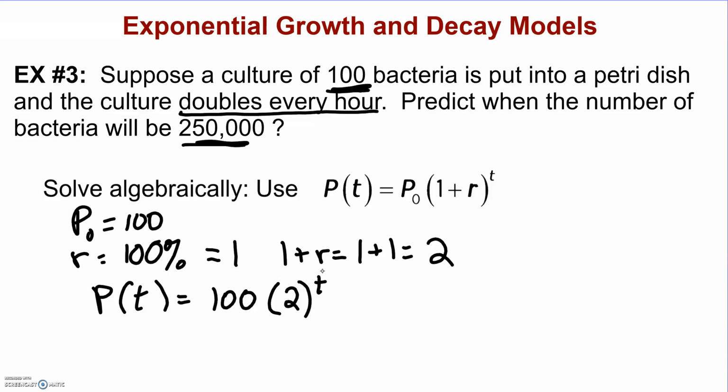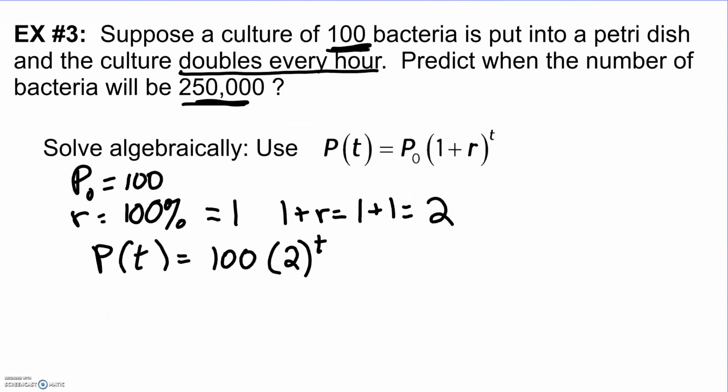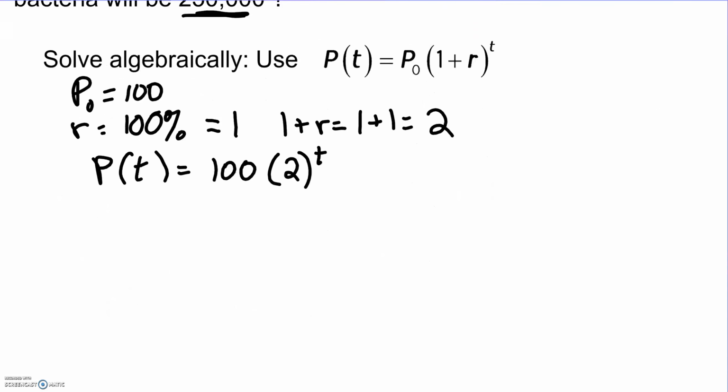Our question is, when is the number of bacteria going to be 250,000? So what I can do is I can come over here and put 250,000 in place of P of t.